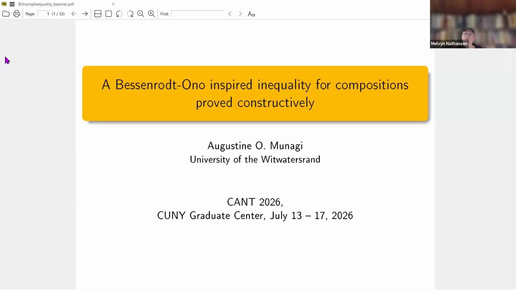So Augustine, I have a question. Was the original Besson-Roth-Ono proof using modular forms? And now the idea is to give different proofs, maybe more elementary proofs? Yes, it was. I think it was a theorem of lemma. I'm not sure whether it was modular forms.